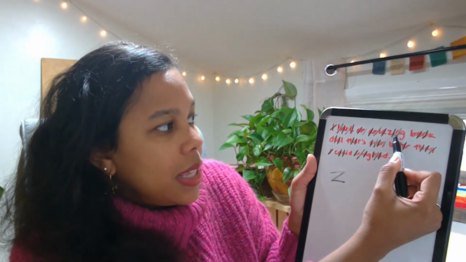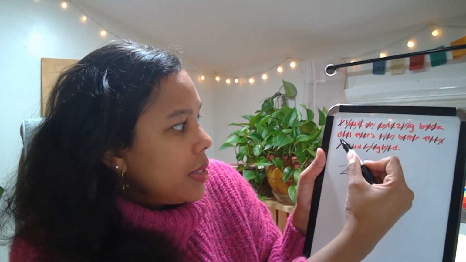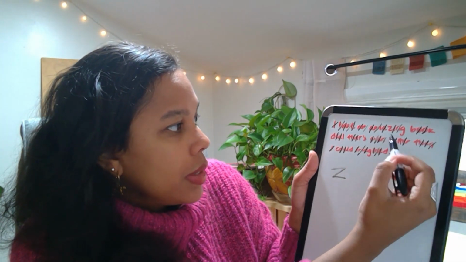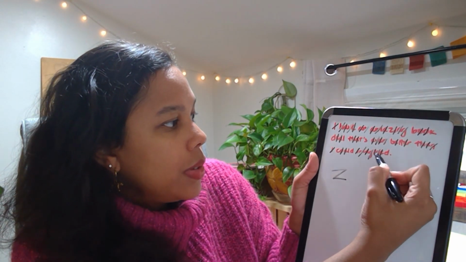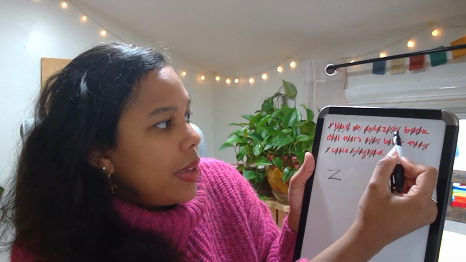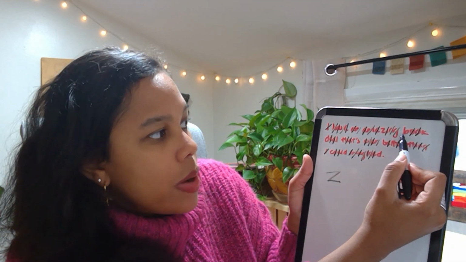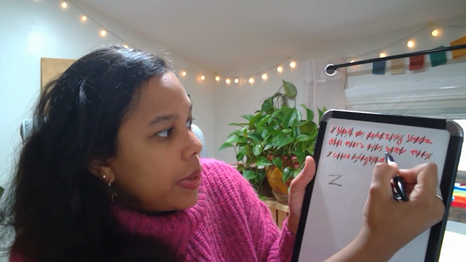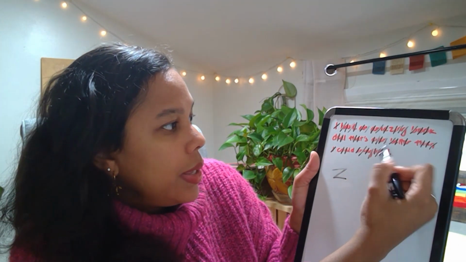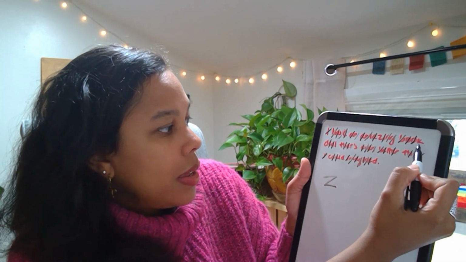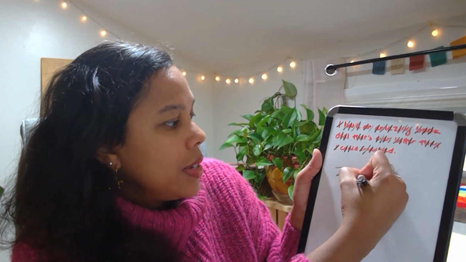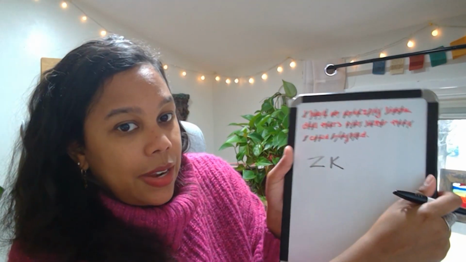Okay, moving on, the letter G. Do I have any other G's? Yep, so crossing that out, and then the letter B as in boy. Yep, it shows up right there. The letter K. Nope, I don't have any more K's. So I'm gonna write it down next to the Z. I know I'm gonna use that.